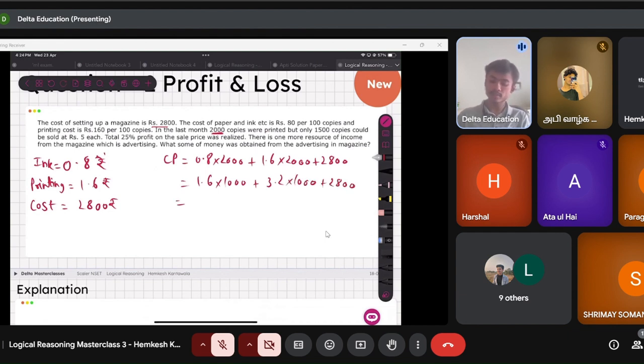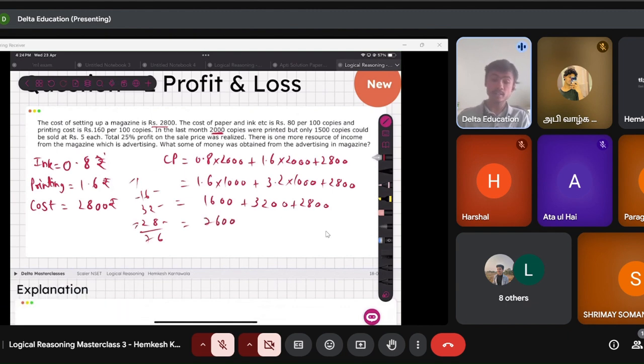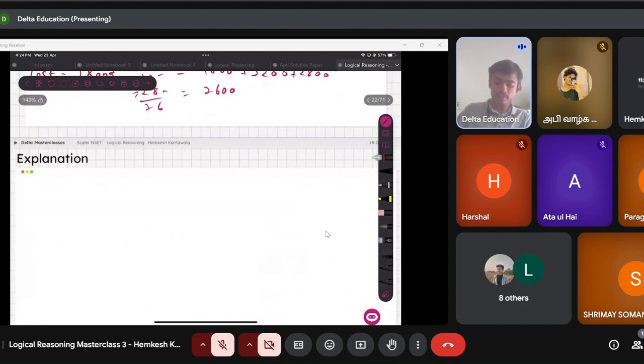This would be 1600 plus 3200 plus 2800. If we solve this, this is 7600. Correct?